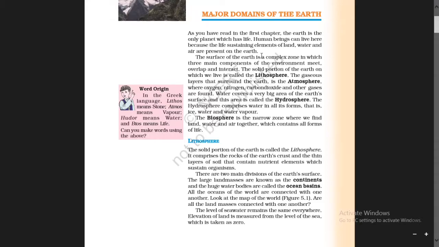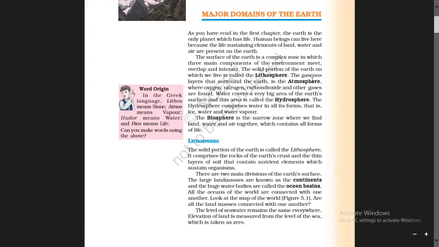The surface of the earth is a complex zone in which three main components of the environment meet, overlap, and interact. The solid portion of the earth on which we live is called the lithosphere.